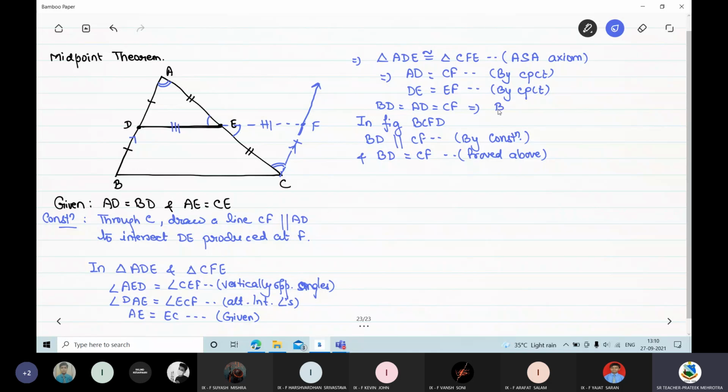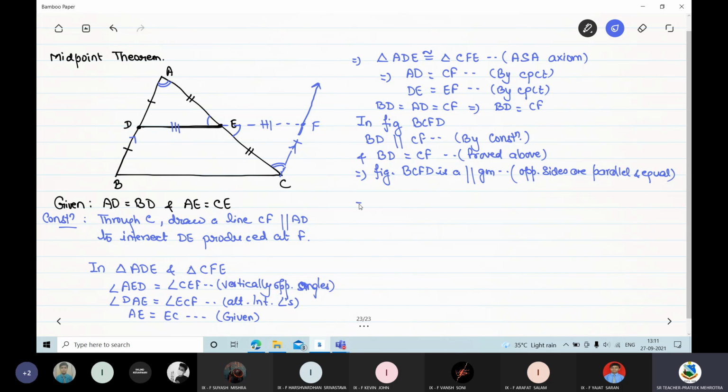So this implies that BD is equal to CF. So we have already proved it. This further implies that figure BCFD is a parallelogram, because one pair of opposite sides is parallel and equal, so this becomes a parallelogram.